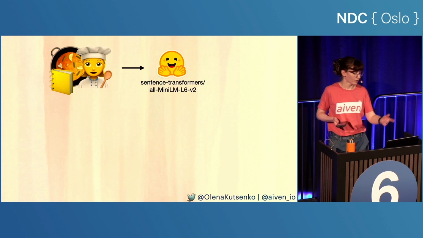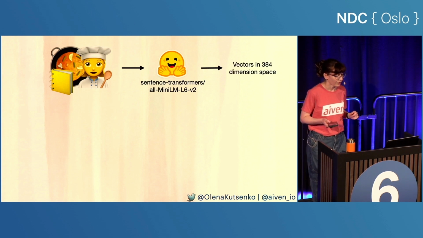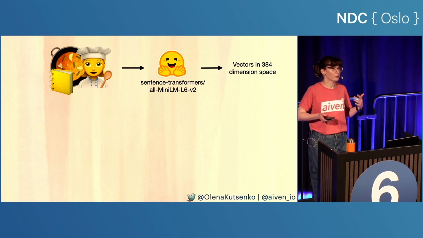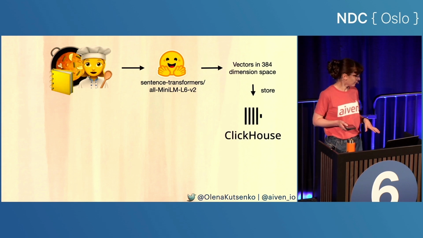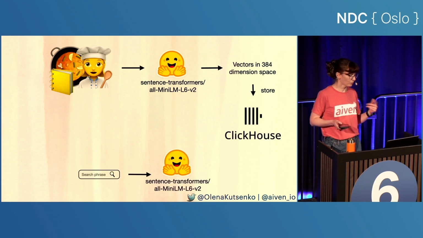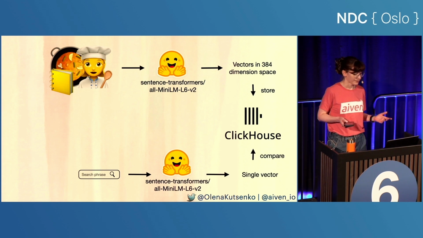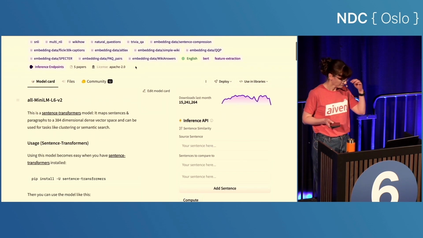This particular model is on the minimalistic side because it has only 384 dimensions. When you are looking for a model, you can see what it was trained on and so on. So we do the same stuff as we were doing before, but now for the recipes. And then we compare a single vector to the rest. So this is a model.